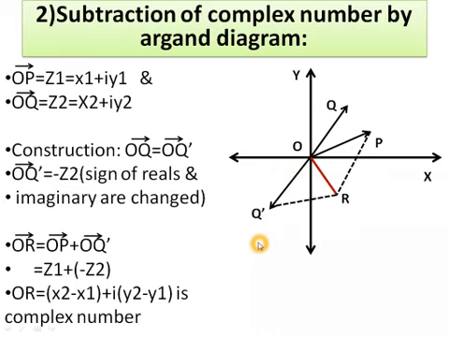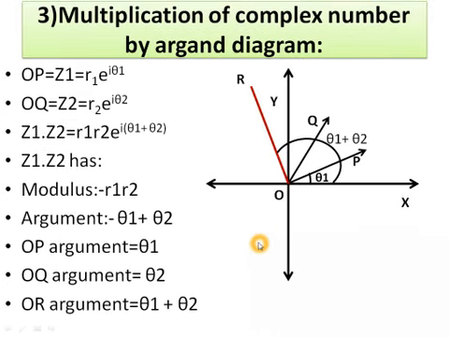For the other process, that is multiplication of complex numbers, we have considered the usual way, that is, vector OP represents the first complex number Z1 and vector OQ represents the second complex number Z2. But this time, in order to understand multiplication of complex numbers, we have a new representation, that is, the exponential form. So Z1 is equal to R1 into e to the power i theta 1.